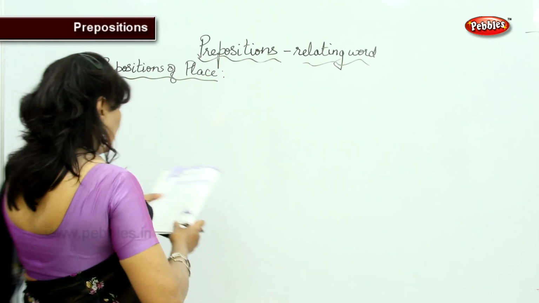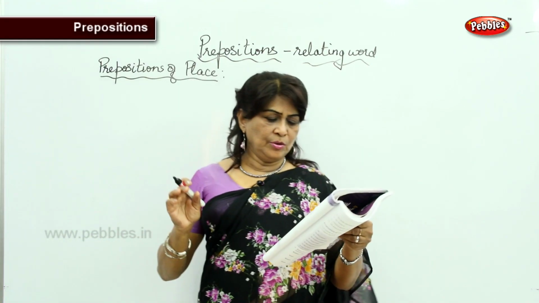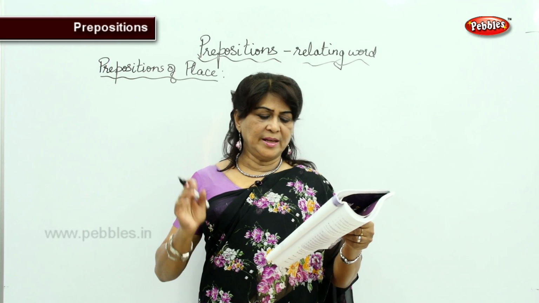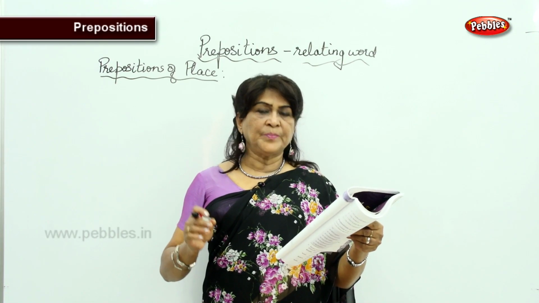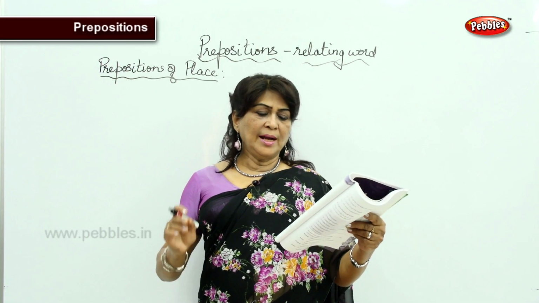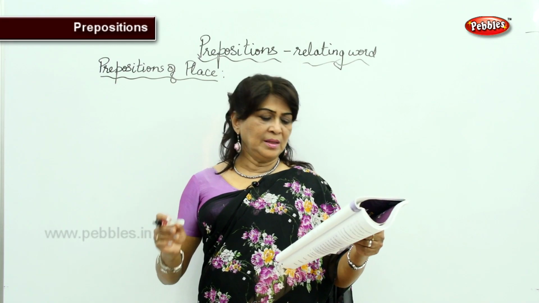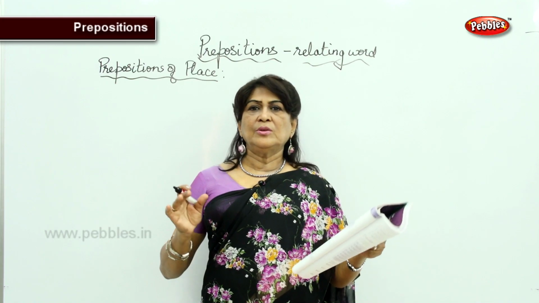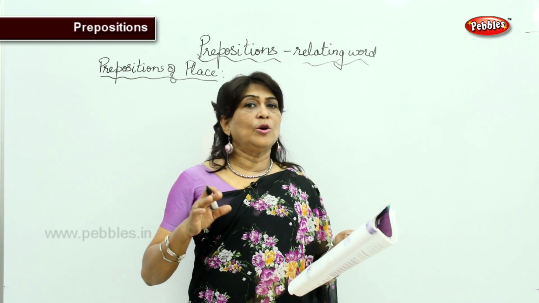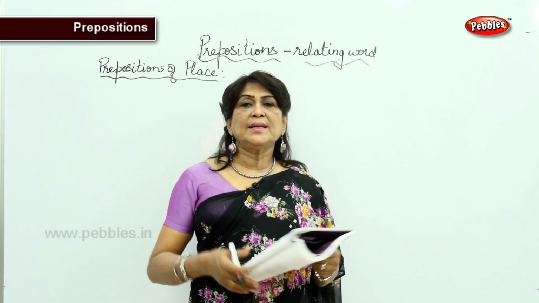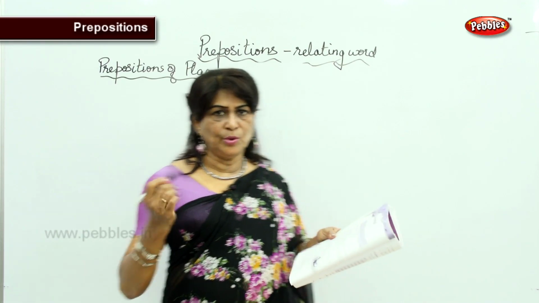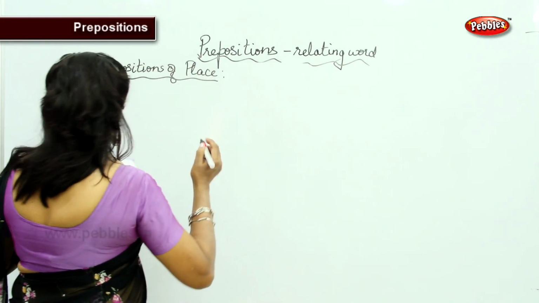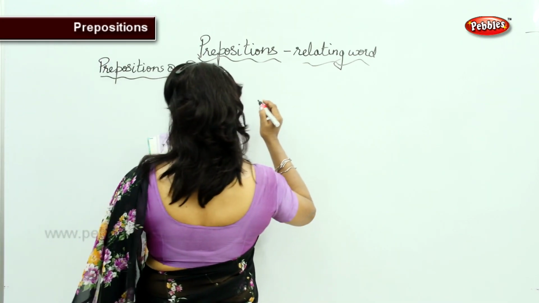Okay. Prepositions of place include on, in, at, above, beside, between, through, below, under, near, among, next to, adjacent to, along. So, I have given both simple and compound together. All these are prepositions of place. You want me to write down? I will write it down, and then I am going to give you an exercise.